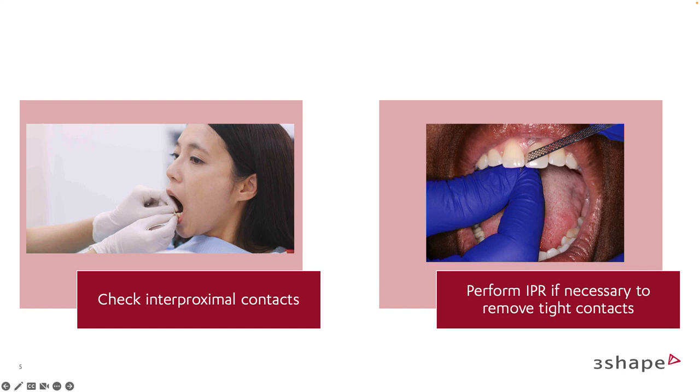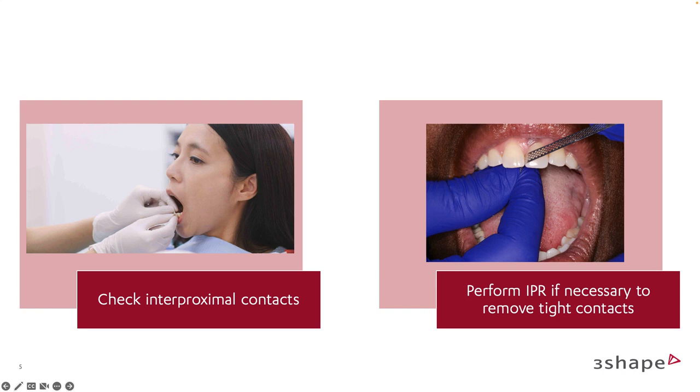If needed, you can always refer to our IPR video in which we explain step by step what you need to do. If there are no tight contacts but there is some misalignment, you can still do a little IPR of 0.1 millimeters to help create some needed space.